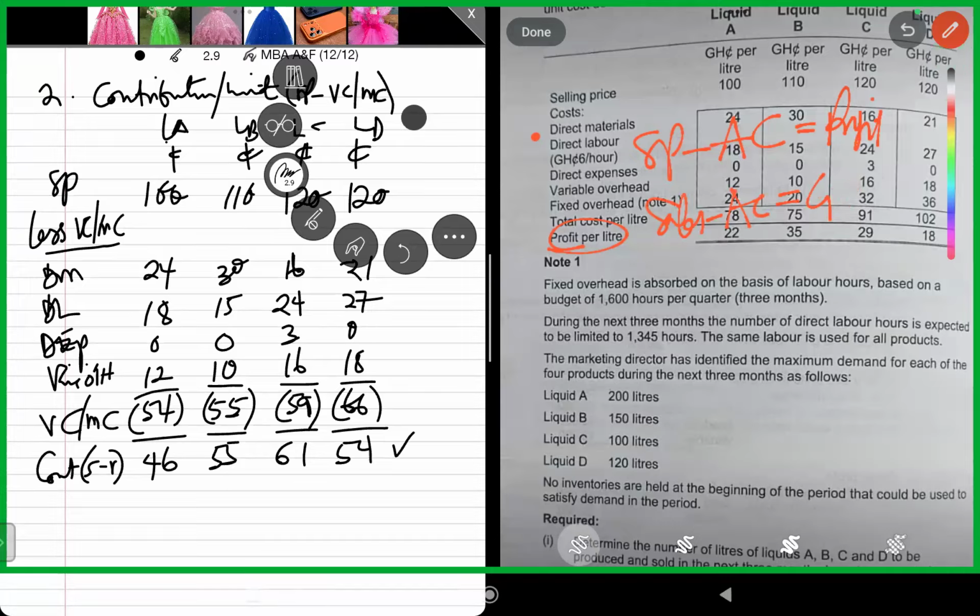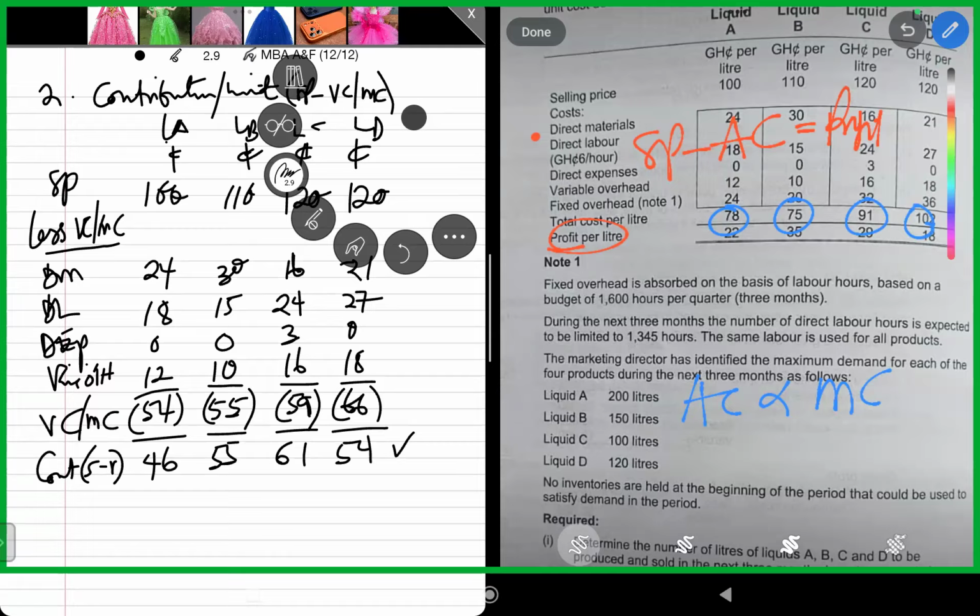So if selling price minus absorption costing gives me profit, what is the difference between absorption costing and marginal costing? Let me give an example. The 78, 75, 91, 102 you are seeing is total cost per unit. It is total absorption cost per liter.